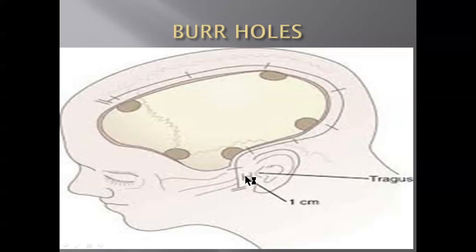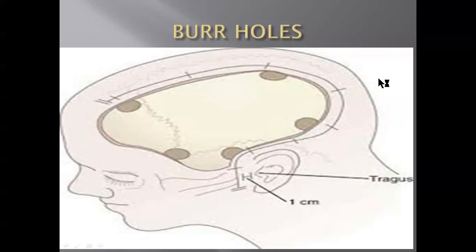Again, this is your tragus over here. The start of the incision should be less than 1 centimeter from it. You start the incision going posteriorly, then take an anterior curve, remaining lateral to the midline, and at the hairline or the widow's peak you stop the incision.